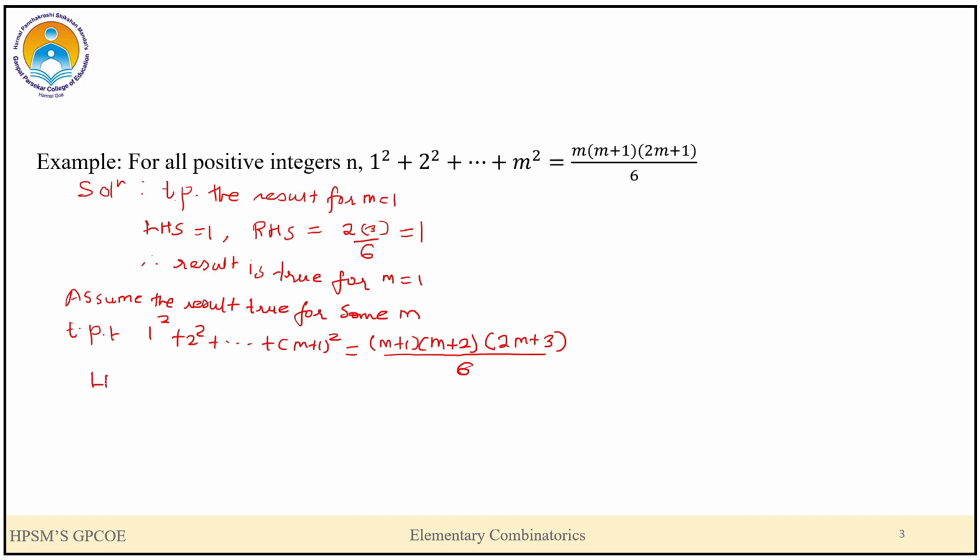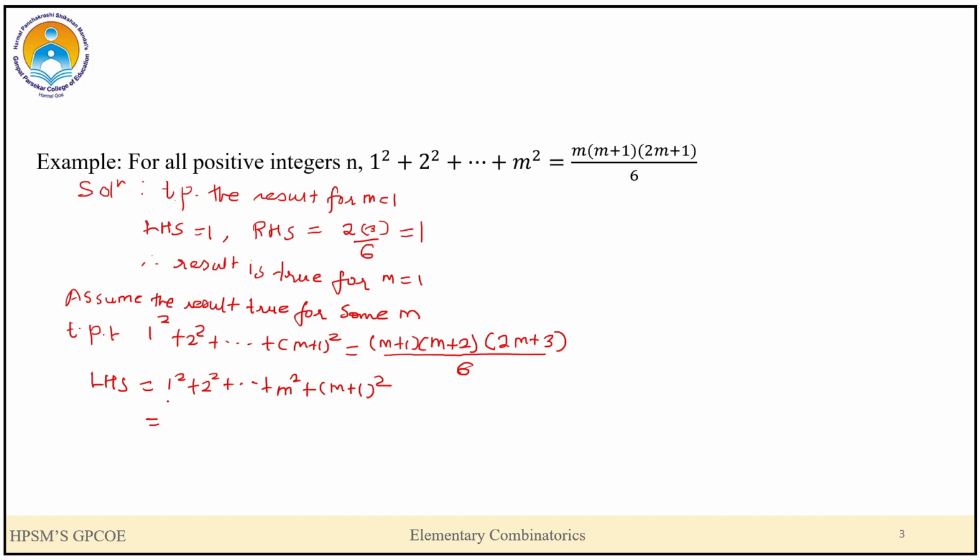Let us consider the left hand side, which is 1 square plus 2 square up to m plus 1 the whole square. Now the term previous to m plus 1 the whole square is nothing but m square. So it is 1 square plus 2 square up to m square plus m plus 1 the whole square.